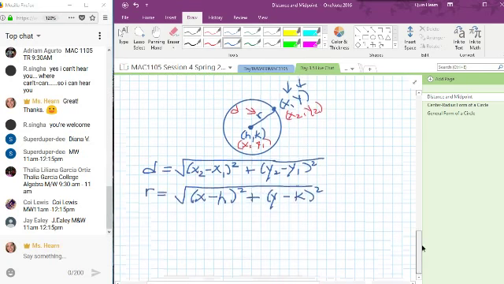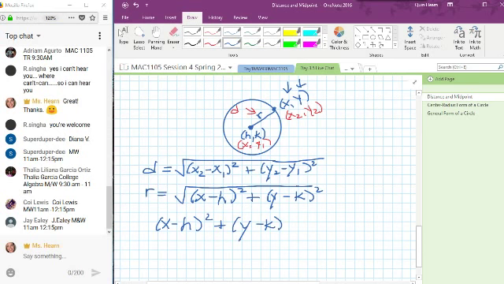And we don't like leaving the square root because it only represents half the circle, where we have positive. So we're going to square both sides, and we get x minus h squared plus y minus k squared equals r squared. And this we call the center radius form of the circle.